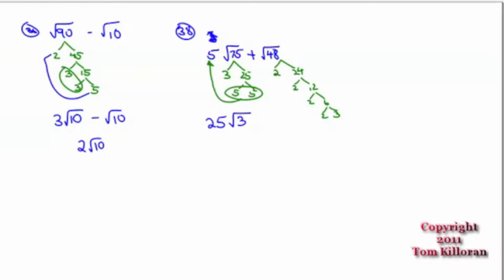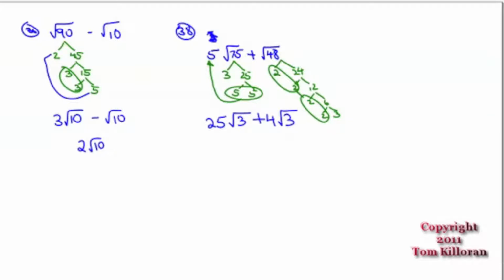So what can I pull out? I can pull out this factor of 2. I got a pair down here too. So when I put these two together, what am I pulling out? 4. The sign between these two is positive, so make sure you stay positive. 4 square roots of this 3 that's left behind.